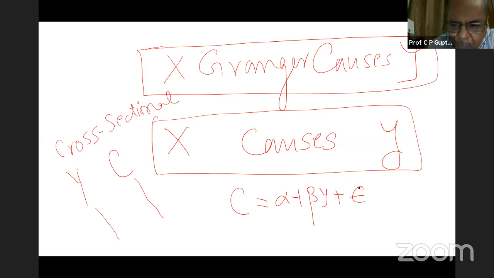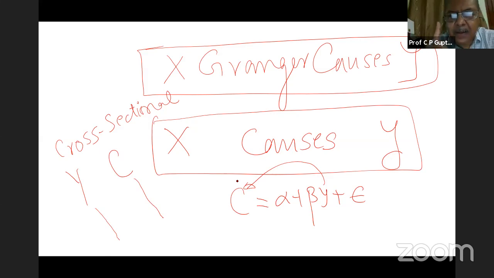That means income is causing consumption, but income is not having Granger causality with consumption. Understand that. Granger causality always presumes that there is a timeline, but causality may not assume a timeline. That is something which you have to appreciate.